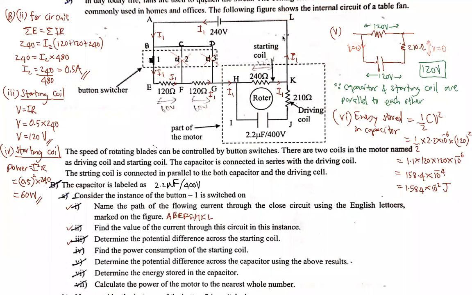Now they are asking power of the motor, and the energy stored in the capacitor is also there. So the capacitor has some energy stored in it. What if we turn off the capacitor then?